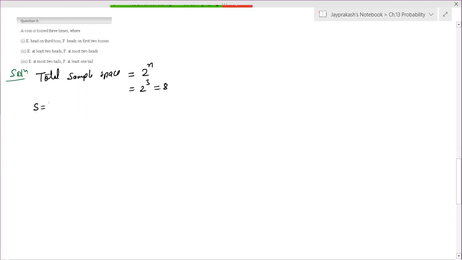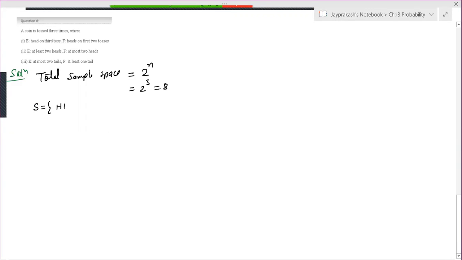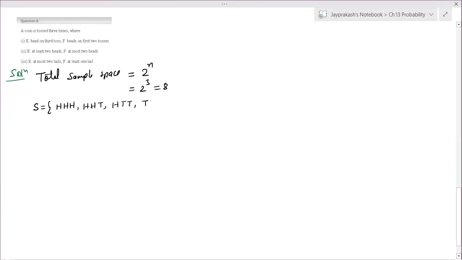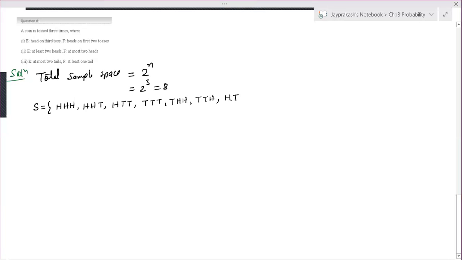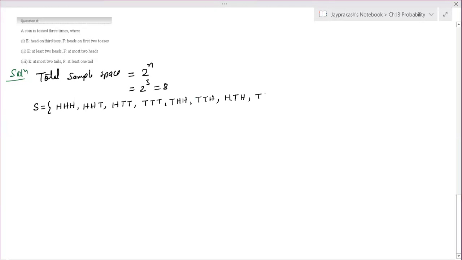We can write S is equal to HHH, HHT, HTH, HTT, TTT, then THH, TTH, THT. So 1, 2, 3, 4, 5, 6, 7, 8. All 8 sample points are completed.